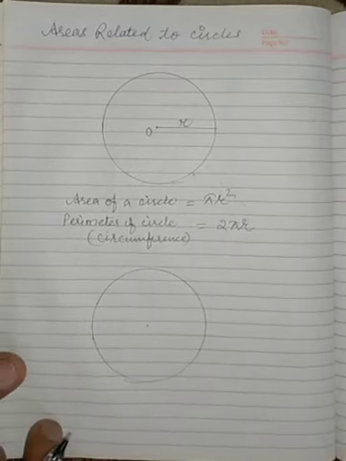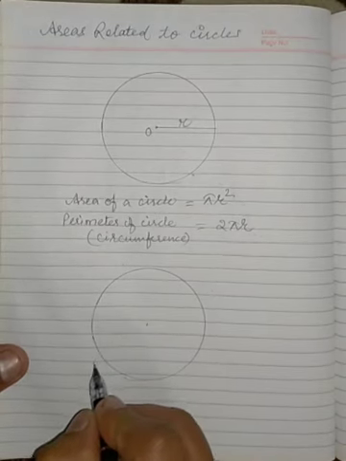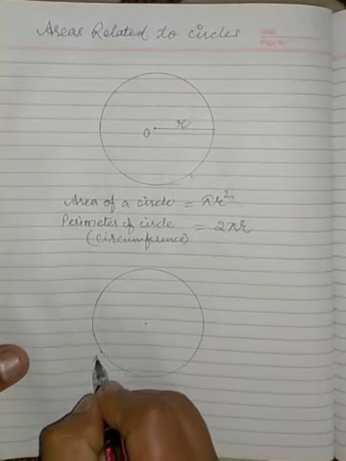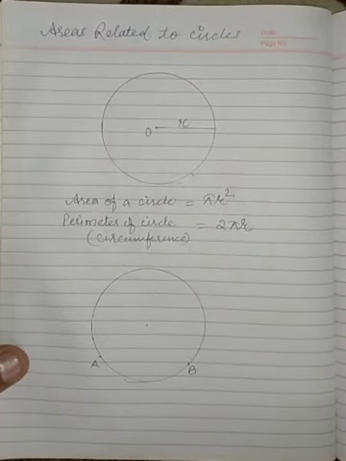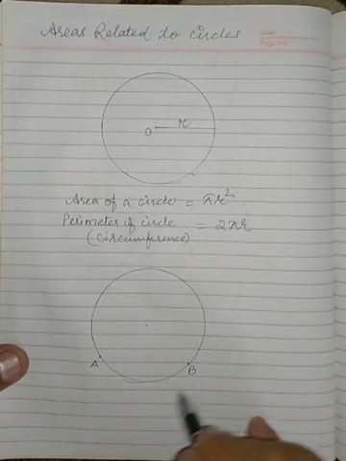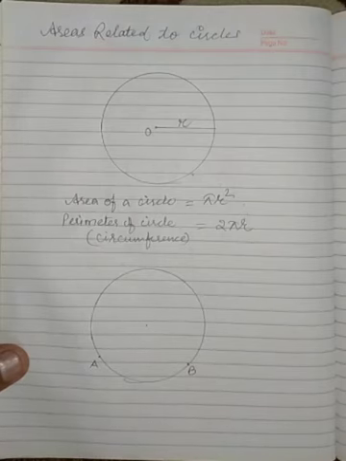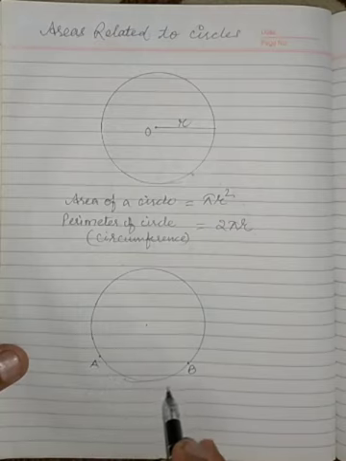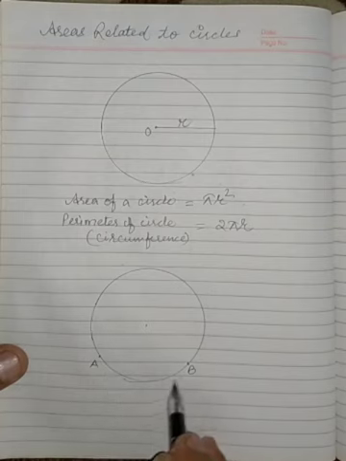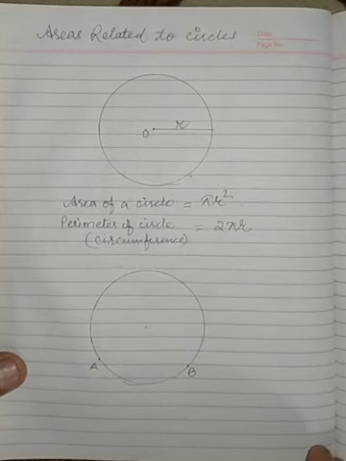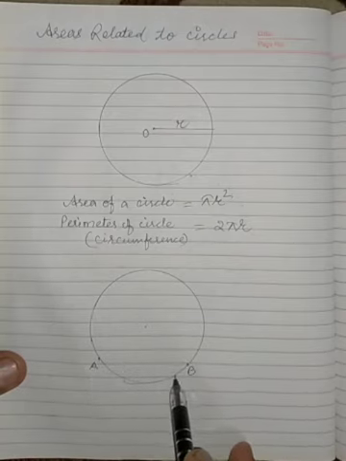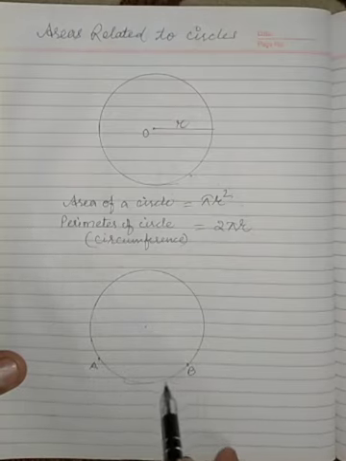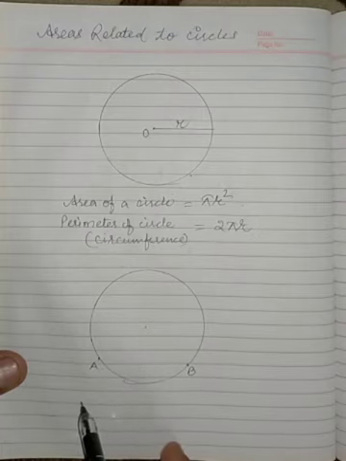Now, the first thing, if we take 2 points, let them be A and B on the circle's circumference, then the distance AB, the distance between A and B, which is a curve, is called the length of the arc.